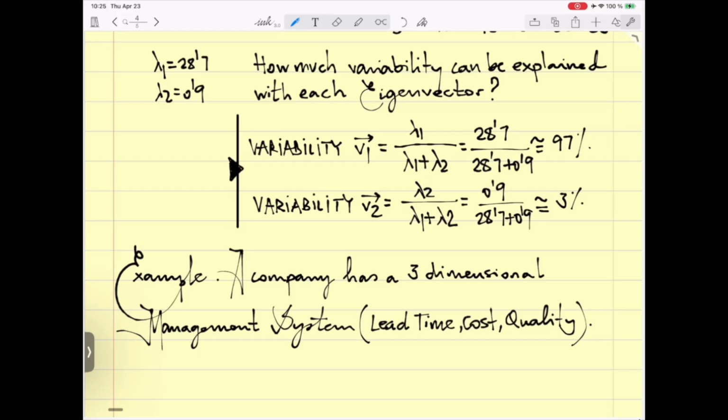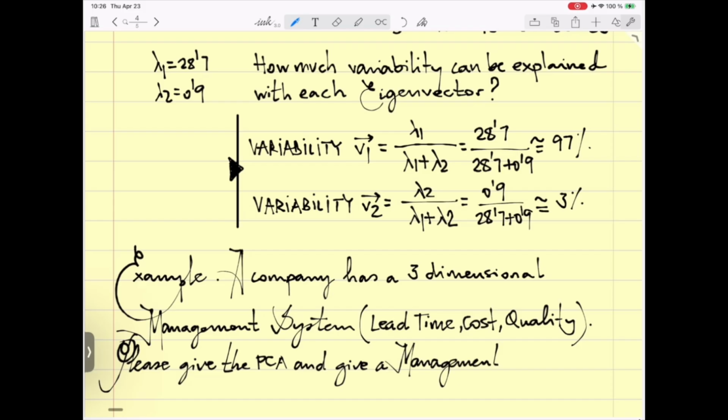Please give the PCA and give a management interpretation.